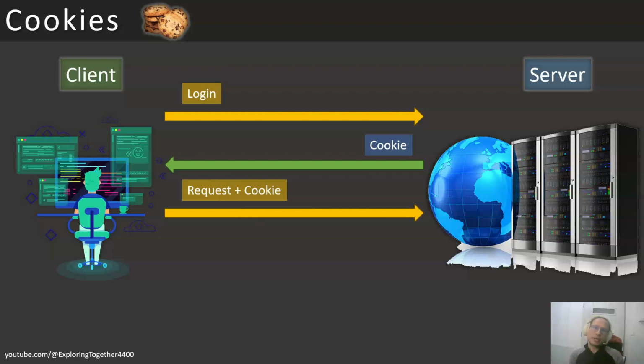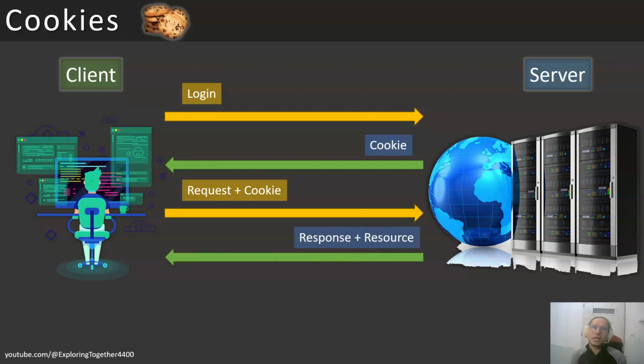Then the next time you send a request, this cookie is associated with the request, getting back to the server to identify what kind of information you need. Then the server returns the response to you with some resources if you asked for them, or regardless of what you are interacting for with the server.